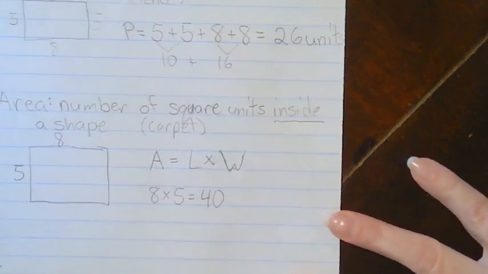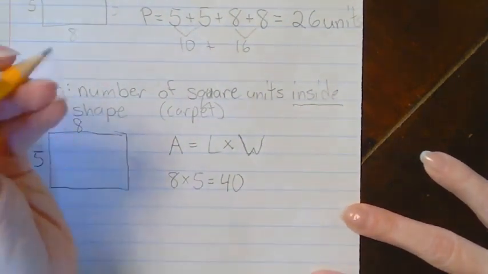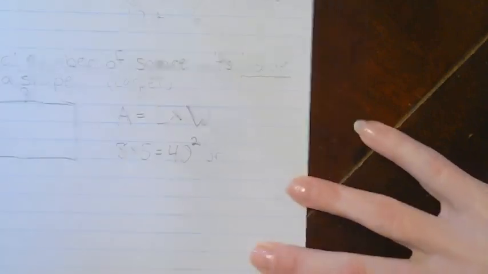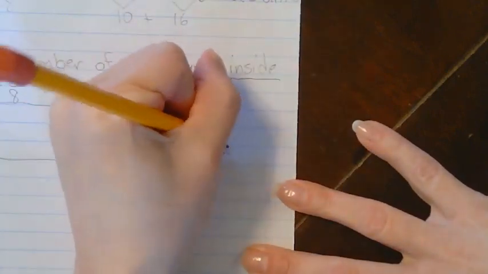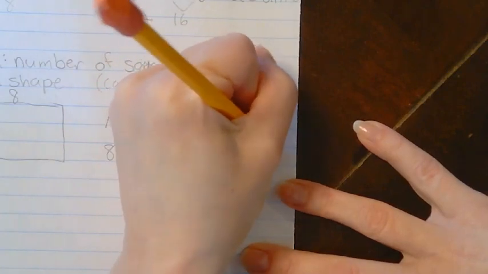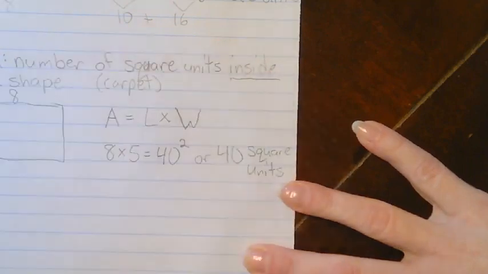Now, I can label it in two ways. I can label it with a little 2 at the top, or I can say 40 square units.